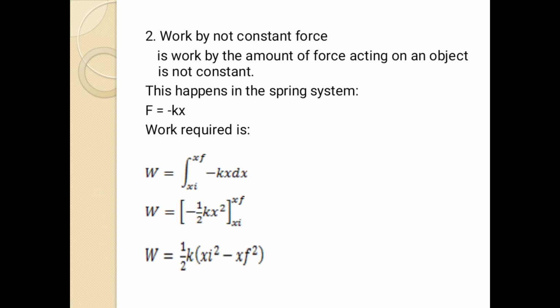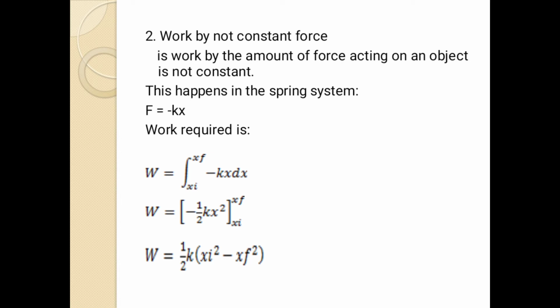The second, work by not constant force. Work by not constant force is when the amount of force acting on an object is not constant. This happens in the spring system. Force equals minus K times x.